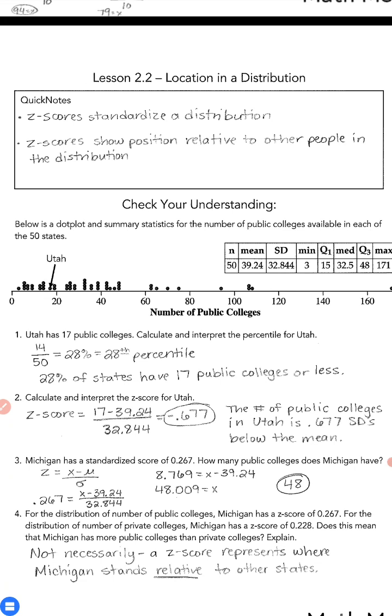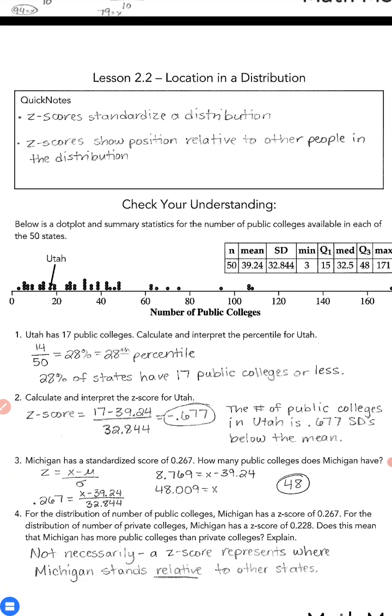Okay? So we are going to skip numbers 1 and 2 here, but I want you to look at number 3. Number 3 says Michigan has a standardized score of 0.267. So when they use this word standardized score, they are saying, hey, Michigan's z-score is 0.267, which means they are slightly above average because their z-score is positive.